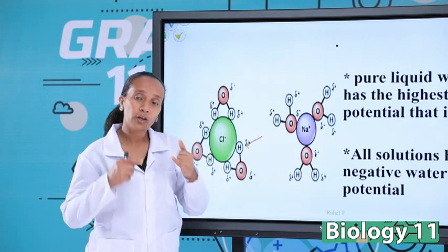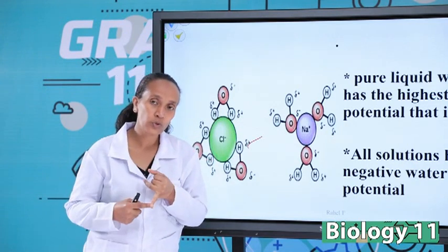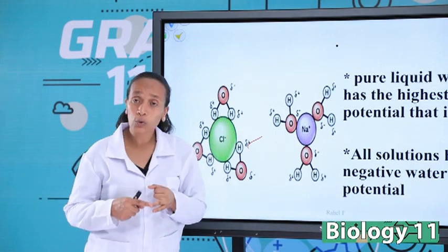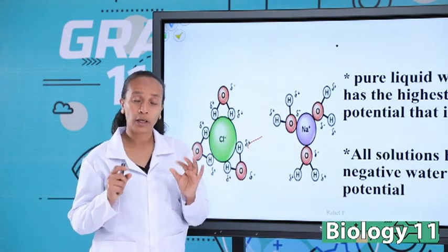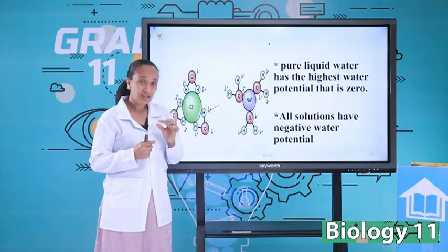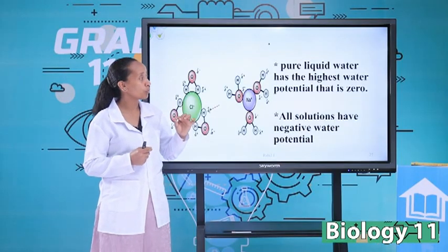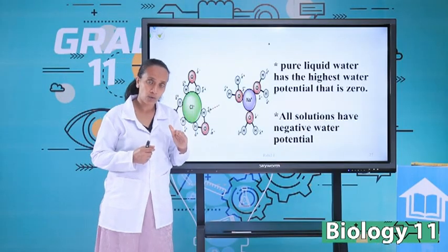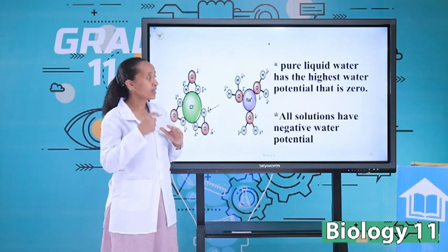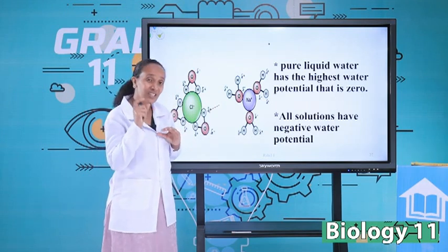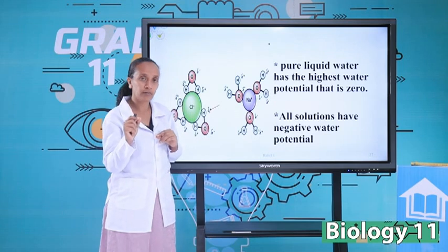This is because if we take intracellular solutions, or body fluid, or any solution, it must have a water potential measurement of less than 0, which means the water potential of any system becomes negative.